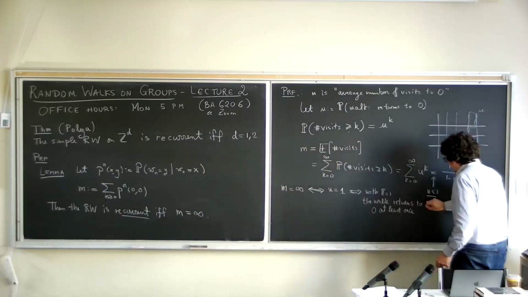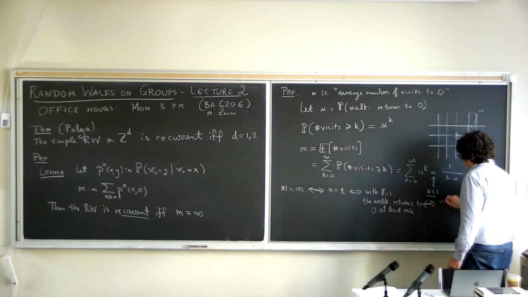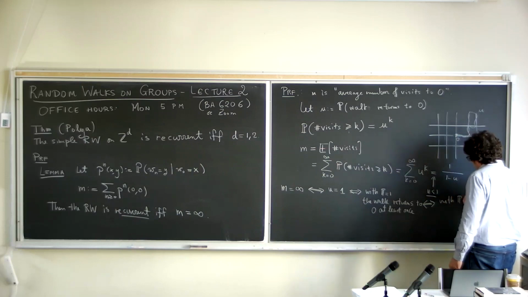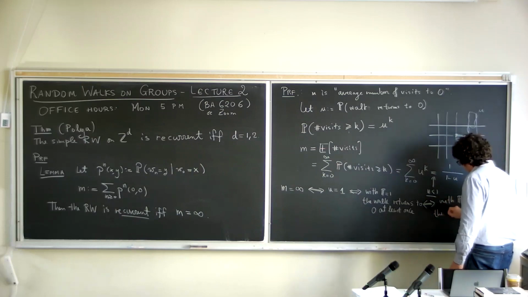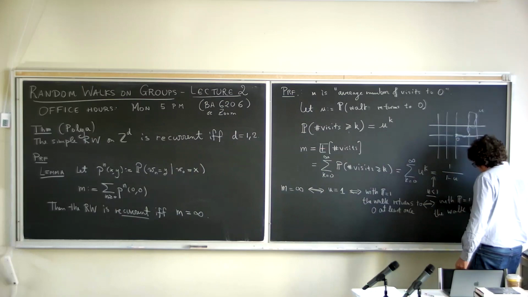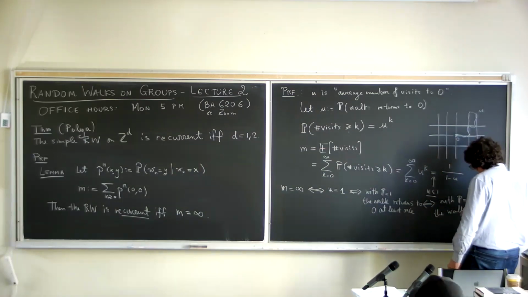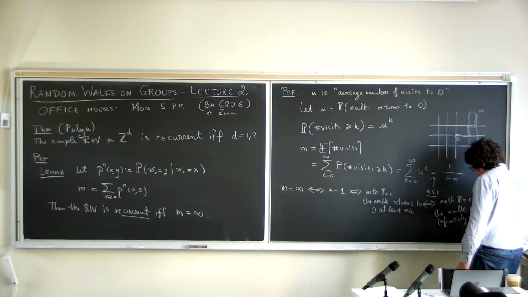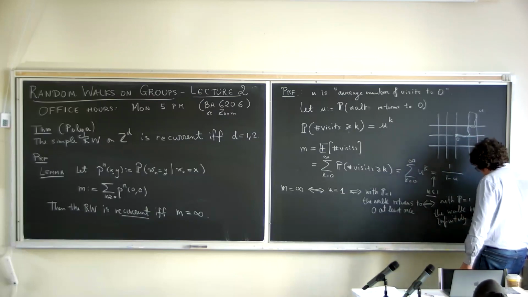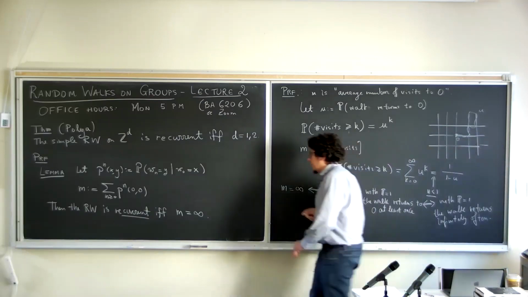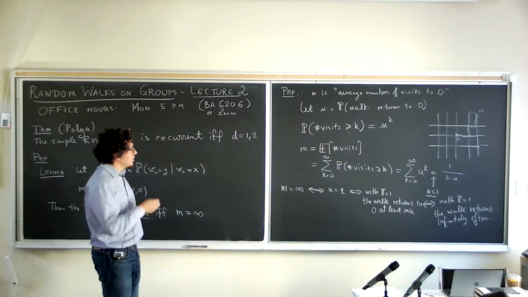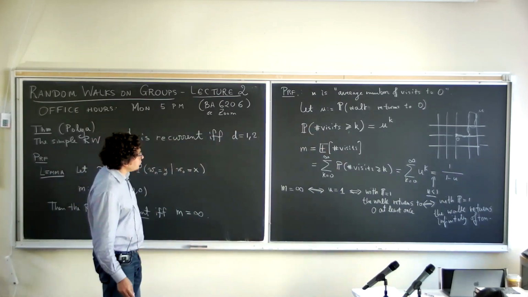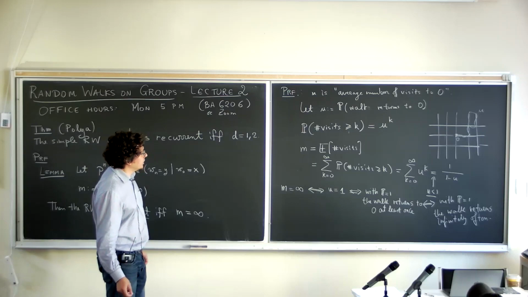So this is equivalent to saying that with probability 1, the walk returns infinitely often. Okay, so this is sort of a little famous lemma in probability.